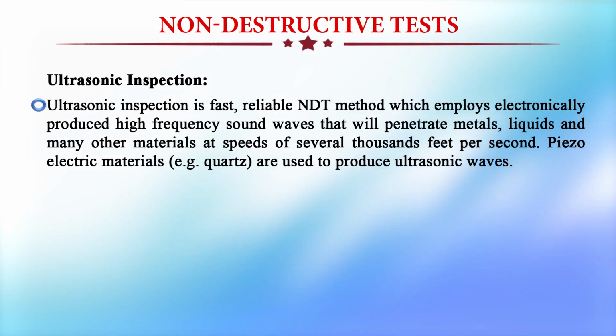Then ultrasonic inspection. Ultrasonic inspection is a fast, reliable NDT method which employs electronically produced high frequency sound waves that will penetrate metals, liquids and many other materials at speeds of several thousand feet per second. Piezoelectric materials, such as quartz, are used to produce ultrasonic waves.